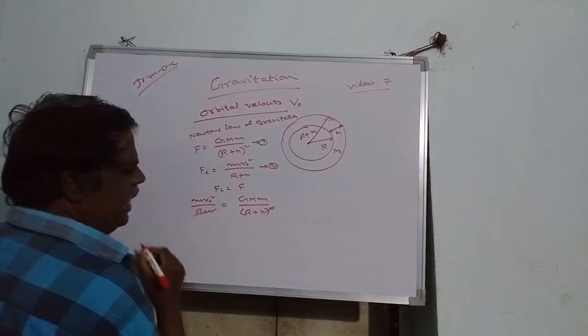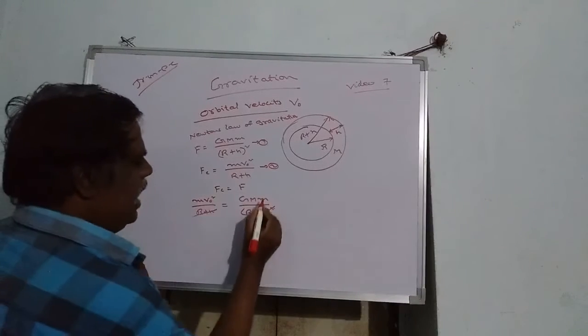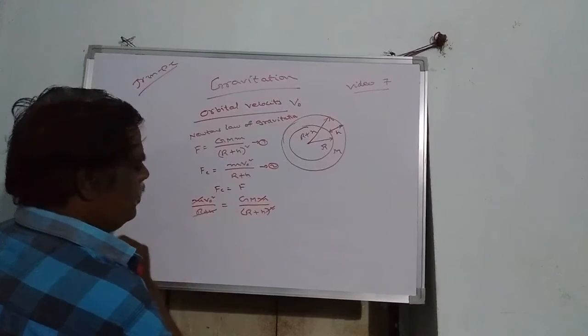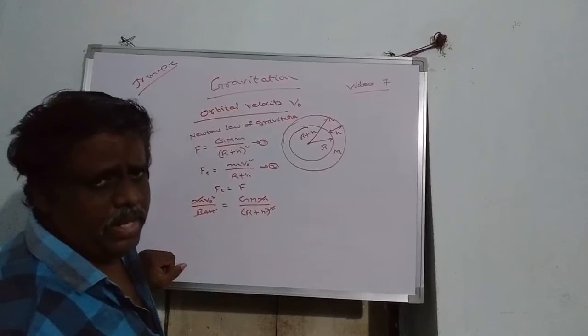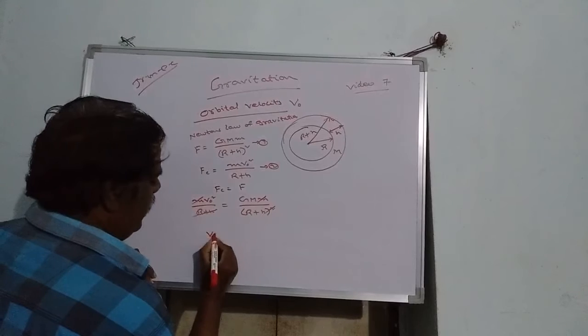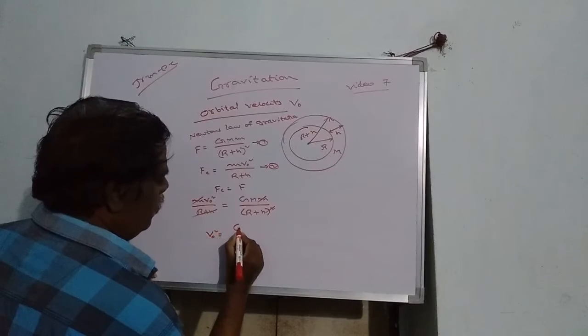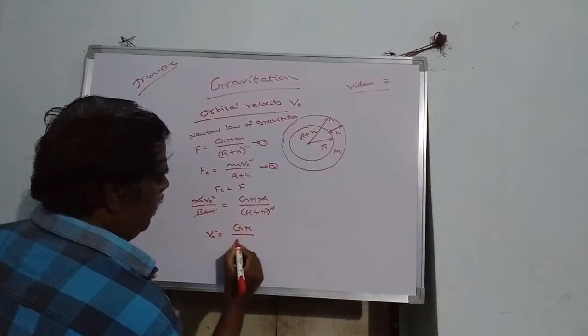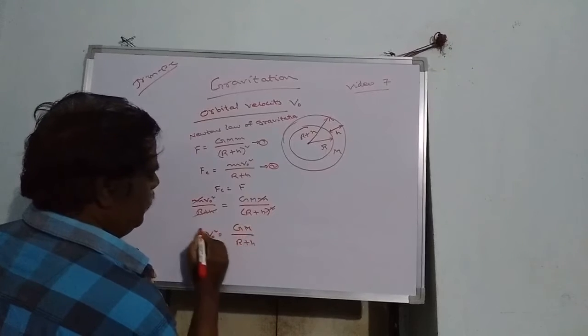Here the mass of the satellite or object, m, becomes cancelled. Then we will get v naught square is equal to G M by r plus h.